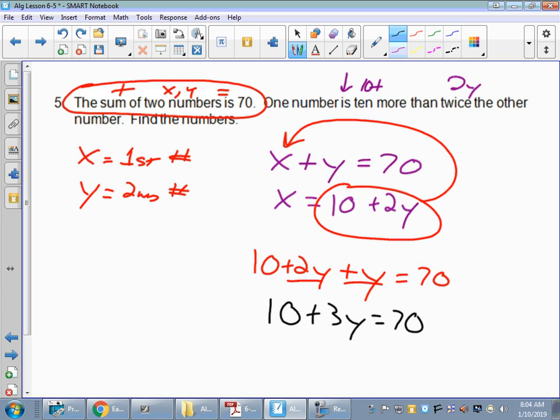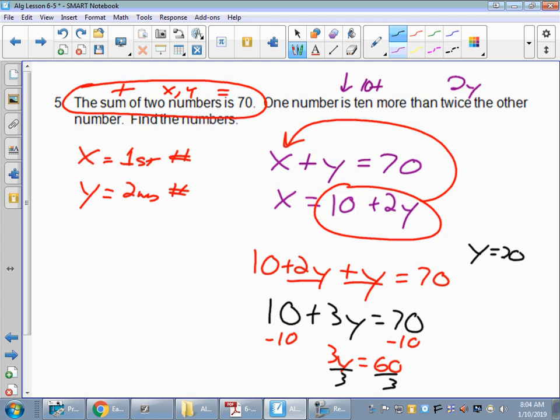And then I subtract my 10, and 3y is equal to 60. So then y, after I divide, is equal to 20. So I know y is equal to 20. Then I can plug it into either of the two equations.